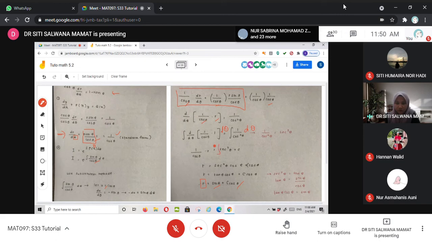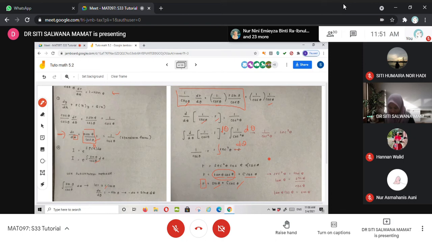So that yang ni you integrate lagi kan? Okay, integrate secant squared you baru dapat tangent kan? Betul tak? Integrate secant squared you dapat tangent. Dan baru you darabkan dengan cos lah. Okay, so you simplify this, you akan dapat sin theta. Okay, boleh ke?